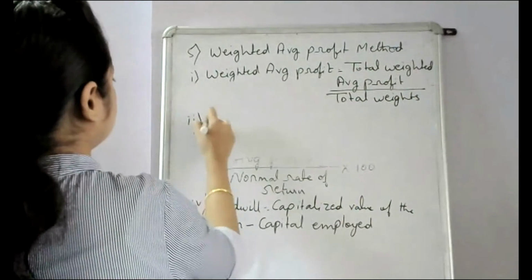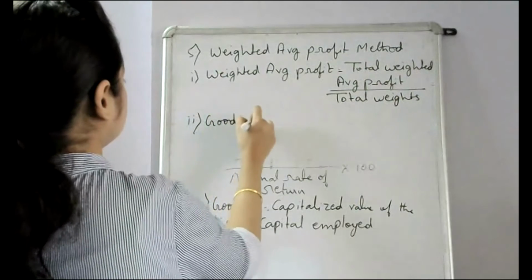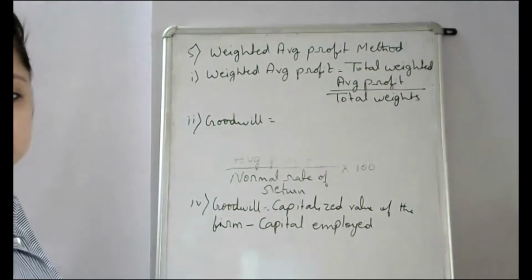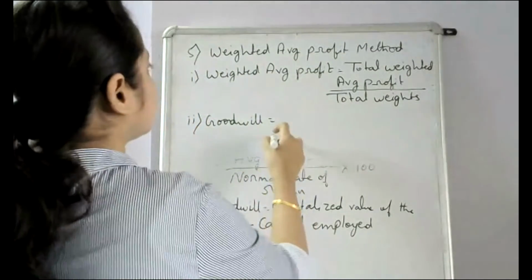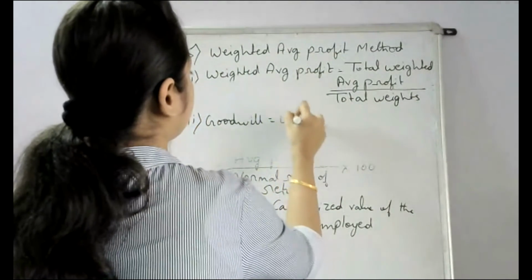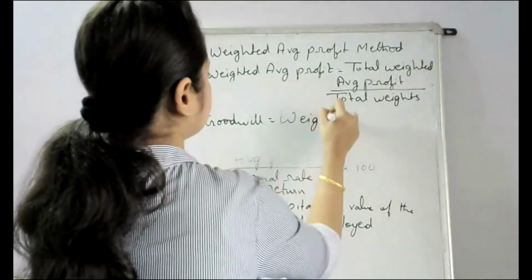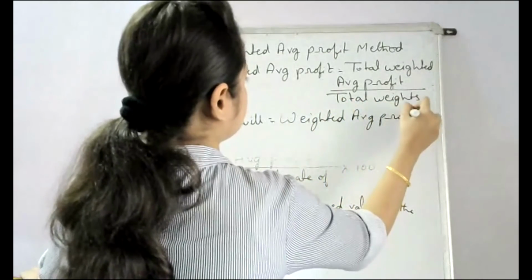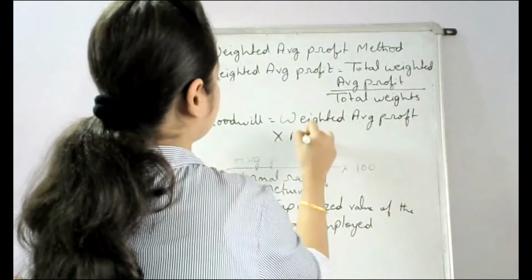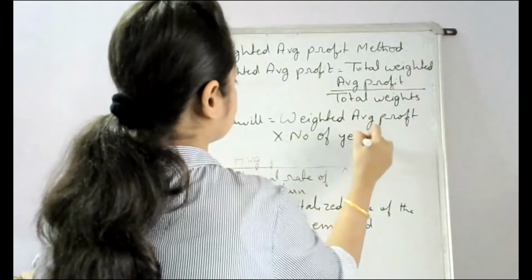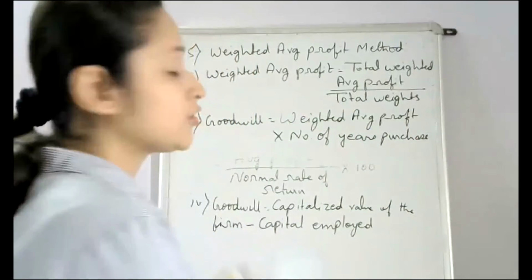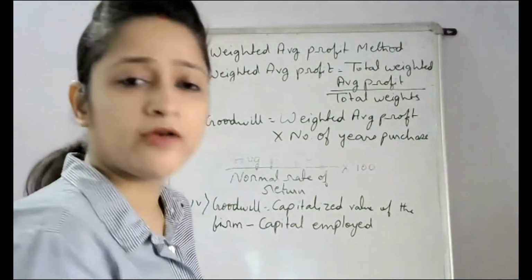Roman 2 goodwill equal to, so how to find goodwill? It will be weighted average profit into number of years purchase. So till here we have total 5 formulas.